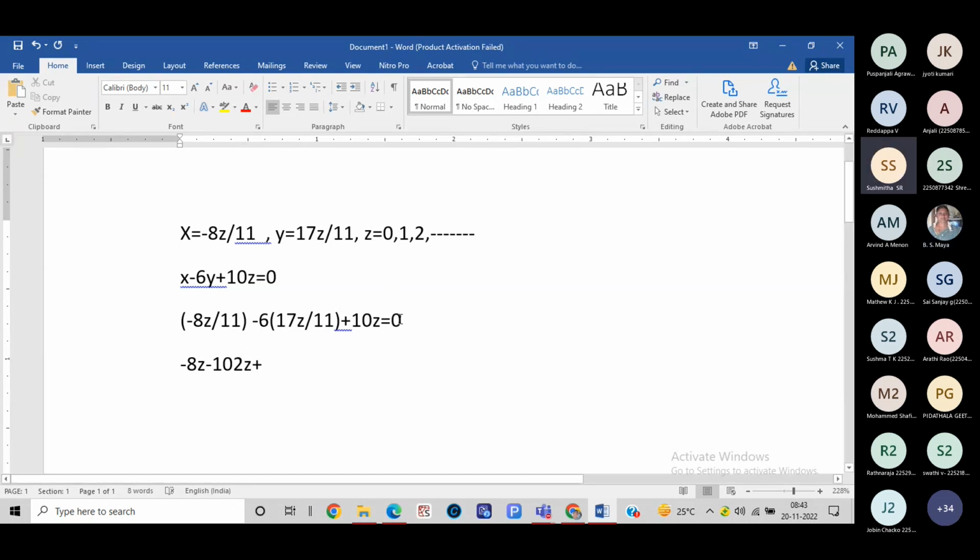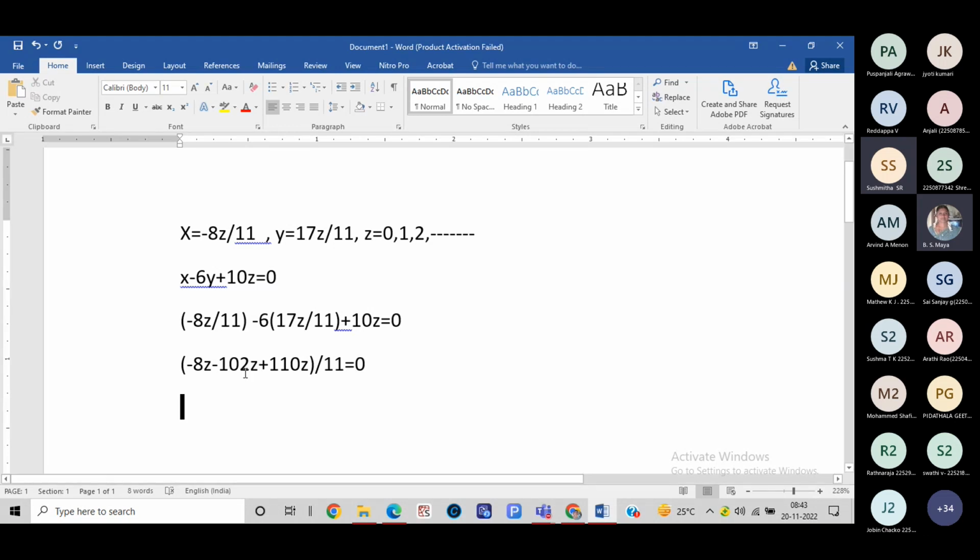For the 10z, 1 into 11, 11 into 10, how much? 110. So the numerator is minus 8z minus 102z plus 110z, and the denominator is 11, and that is equal to 0. Any doubt in these steps?